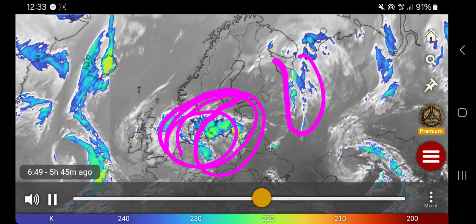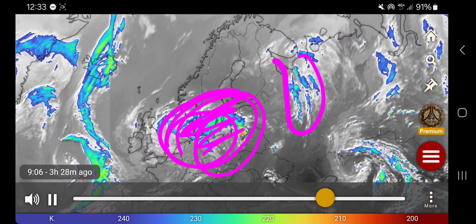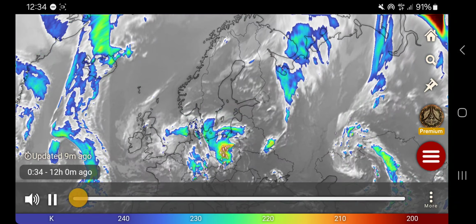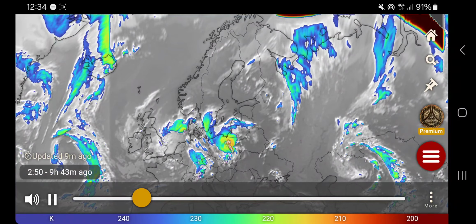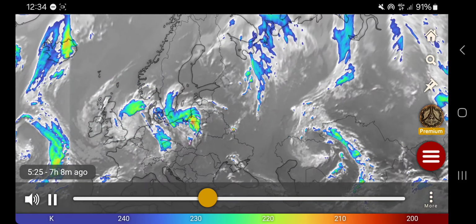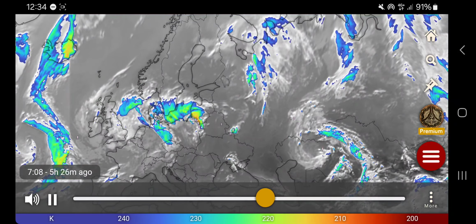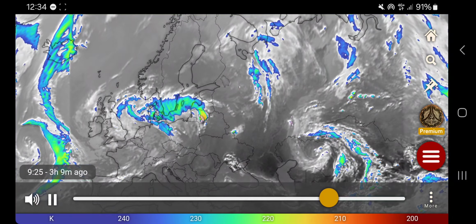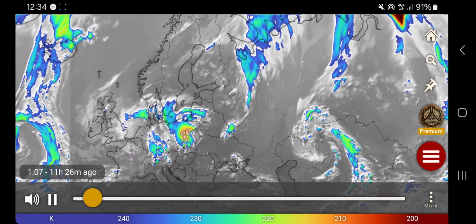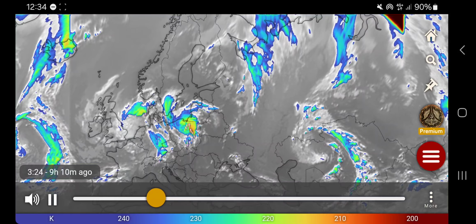And up here, we have an area of thunderstorms, and here. Okay? Approximately. We cannot zoom out further, but you can see the regions: approximately Central Europe, southern Sweden, and eastern Finland.